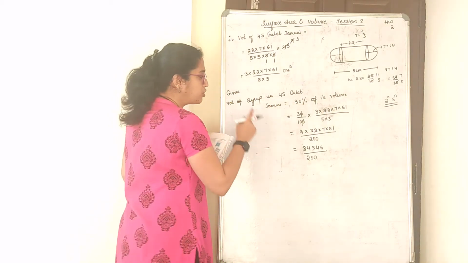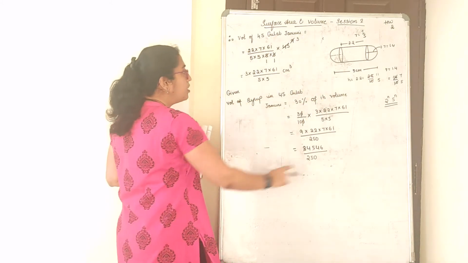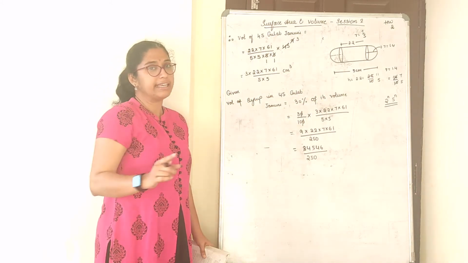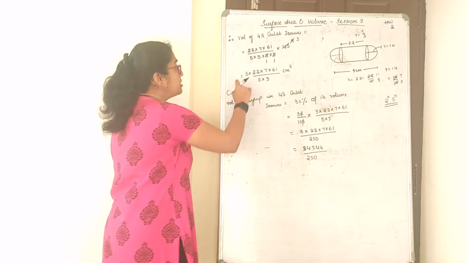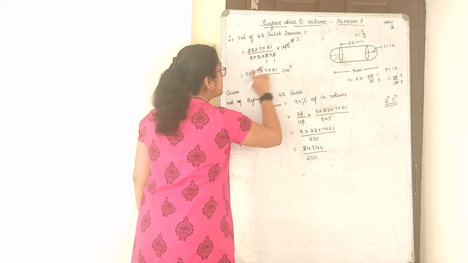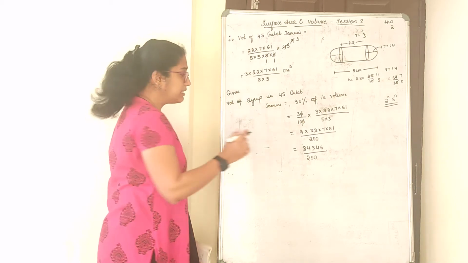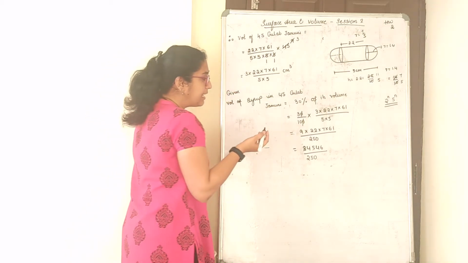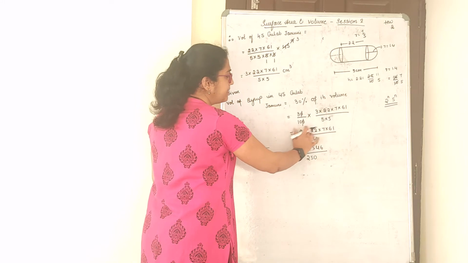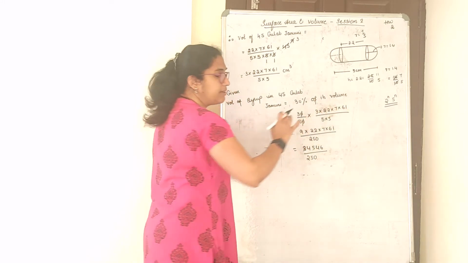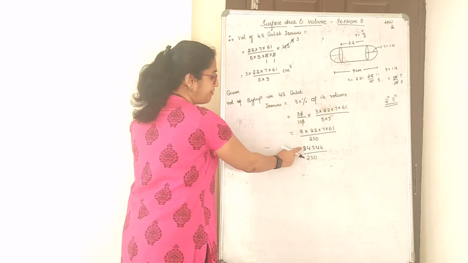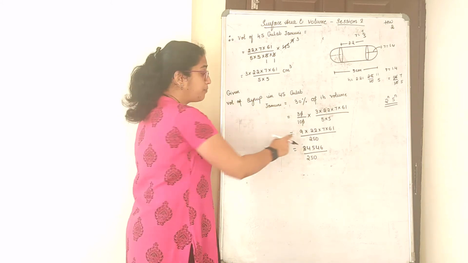Very simple calculations. You have to only struggle. See, in the whole sum, you have not done any calculations. I mean any calculation in the sense, you went on keeping this number as it is, either of very small number you cancelled. Till here you arrived at this. Now at least now 9 into 22 into 7 into 61. Do that one calculation. Final calculation you will get this answer.